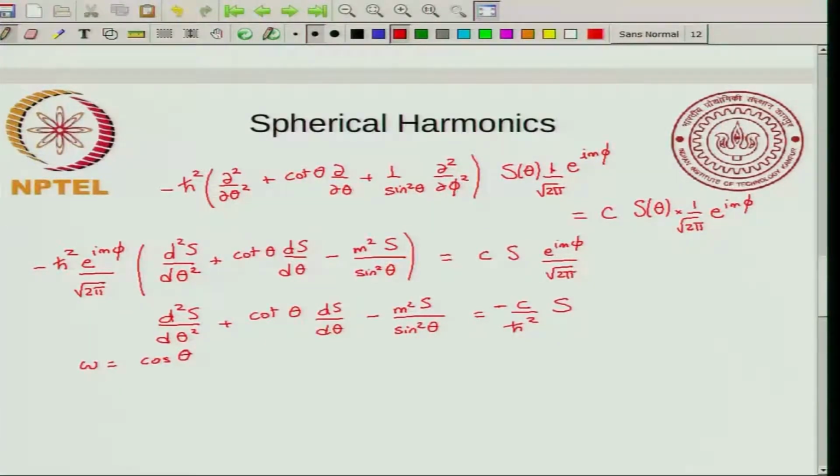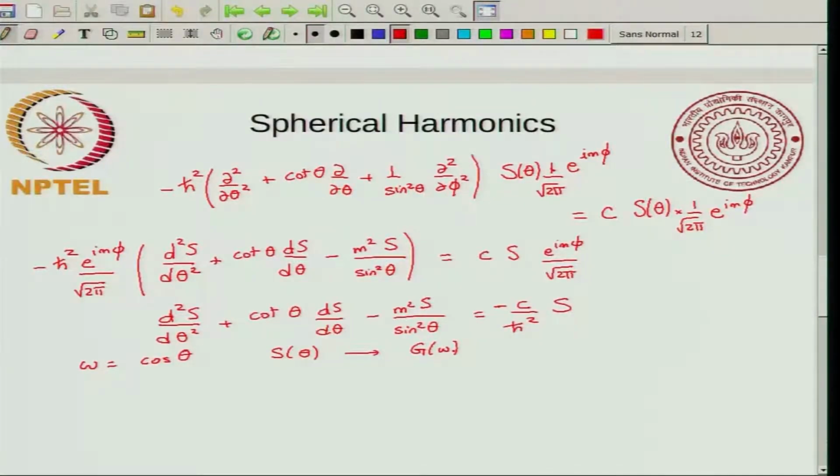Then instead of your function S of theta, you have a function g of w. I am just using a different symbol g; you can also write it as S of w. S of theta is basically equal to g of w.